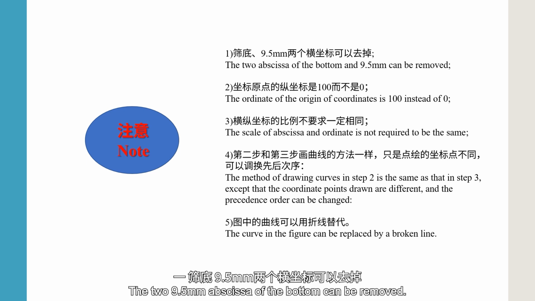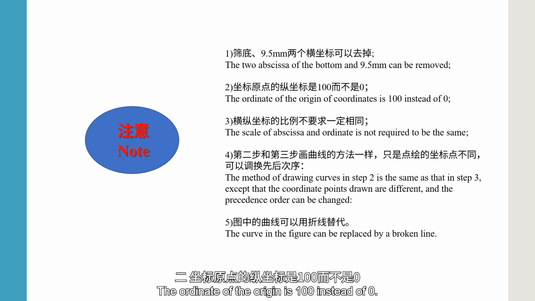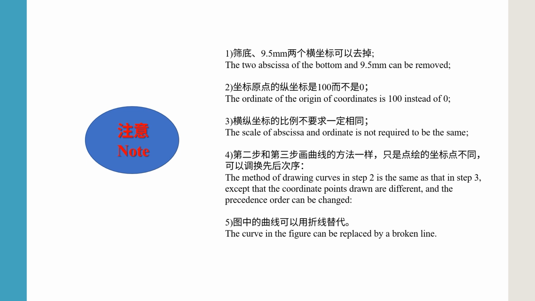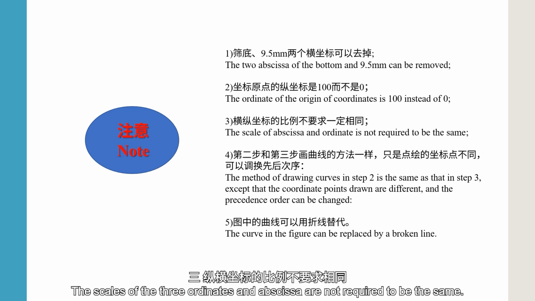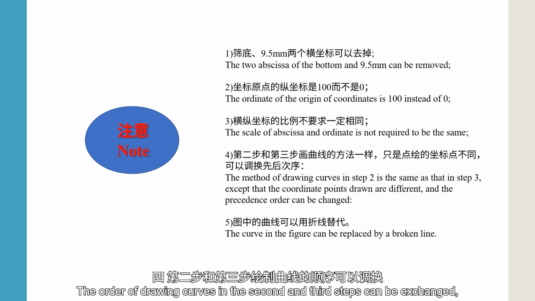The two 9.5 mm abscissa at the bottom can be removed. The ordinate of the origin is 100 instead of 0. The scales of the ordinate and abscissa are not required to be the same. The order of drawing curves in the second and third steps can be exchanged.